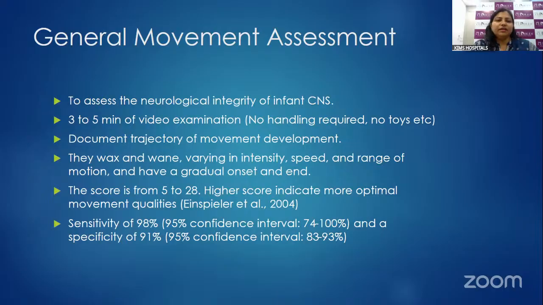Then documentation: it documents the trajectory of movement development, how the movement is developing in a child. Then it tells the wax and wane, which is just the movement starting and the movement ending. So how is the smoothness of the movement, varying in intensity?